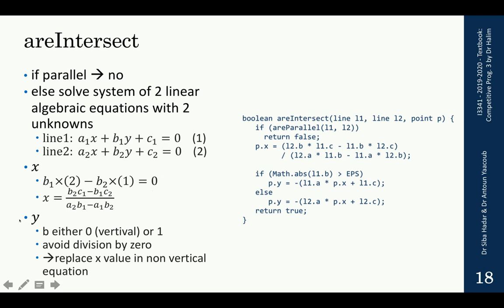So we will obtain y by replacing the value of x in one of the two formulas, according to which one is not a vertical line. We may have two non-vertical lines, so in case b1 is not null, use the equation of 1 to obtain the value of y, which in this case will be minus ax plus c, and we know x now. Otherwise, use equation 2.